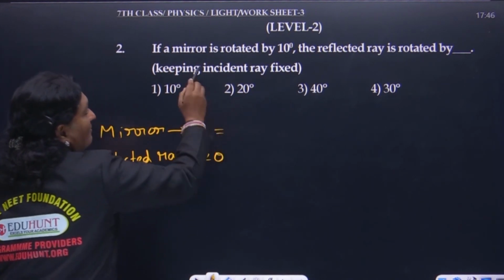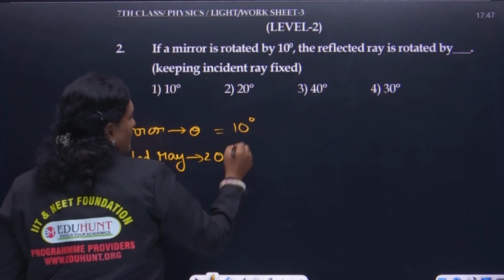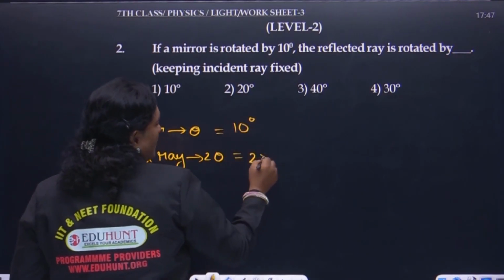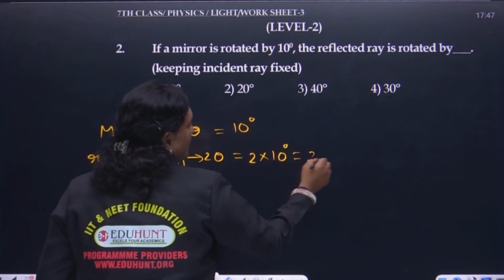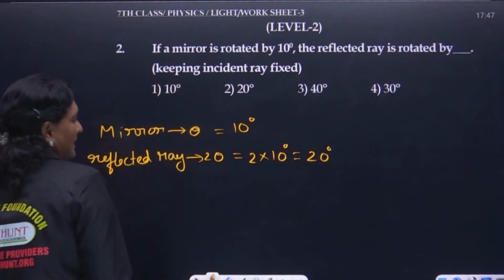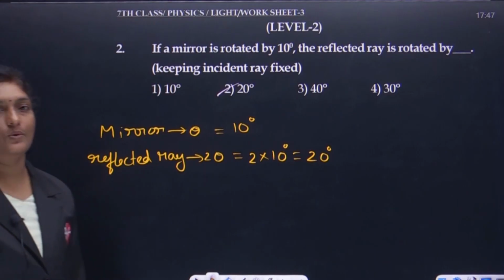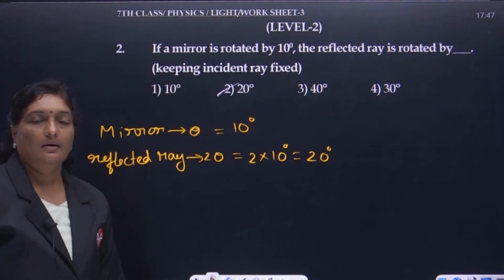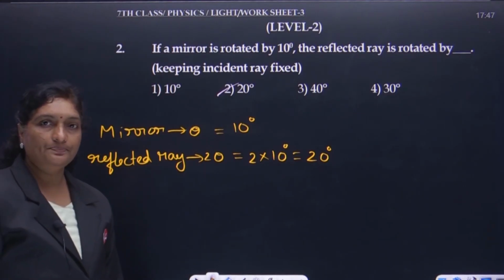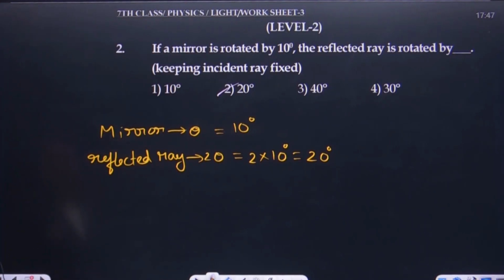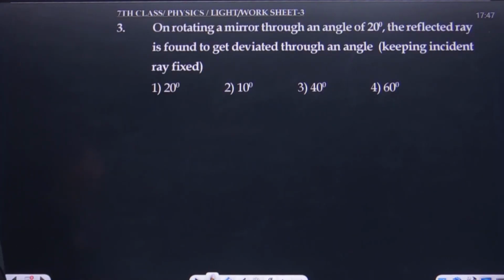Here the value of theta is given as 10 degrees, then the value of 2 theta must be 2 into 10, that is 20 degrees. Hence the correct option is option 2, that is 20 degrees. Clear? Okay. So moving ahead with the next question, that is question number 3.